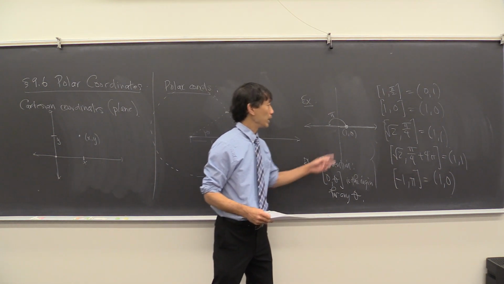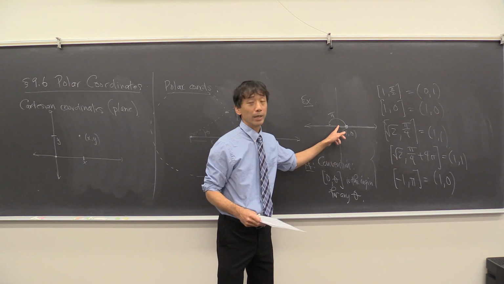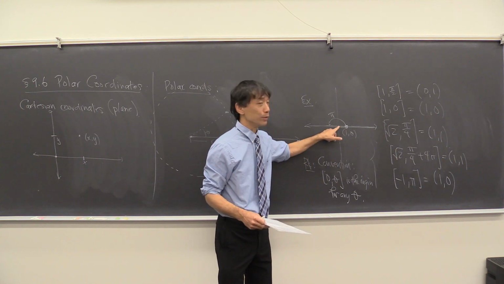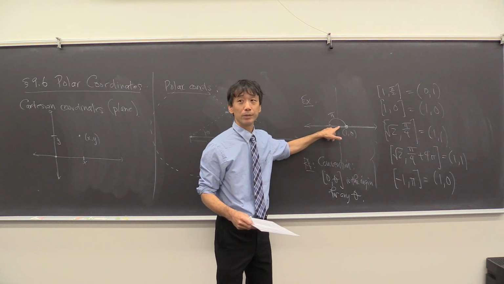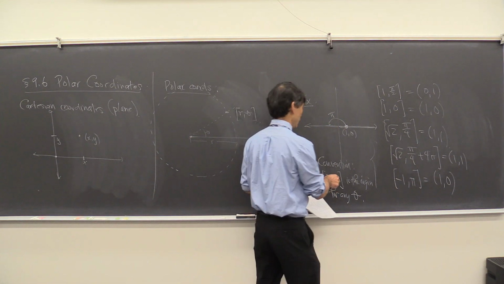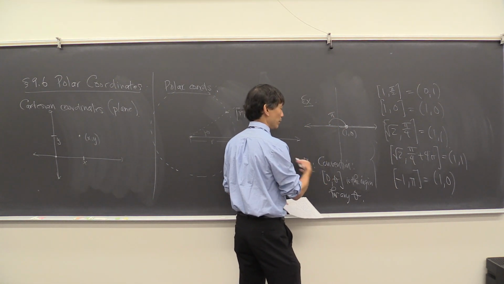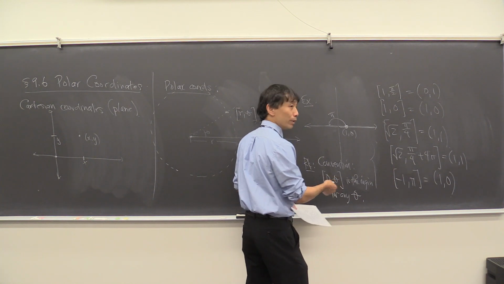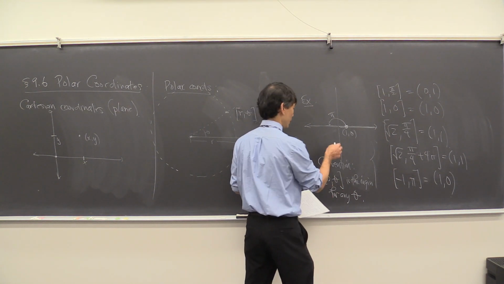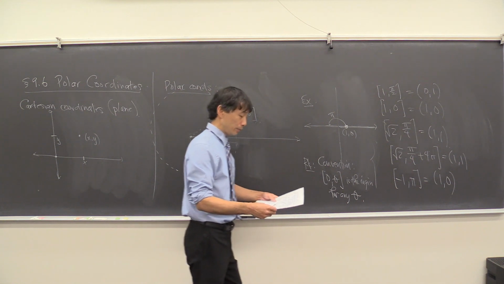Because it just means that you can take any angle, but travel zero units, and that will just leave you right at the origin. So 0 comma pi is the origin, 0 comma pi over 4 is the origin, whatever. 0 anything stands for the origin.